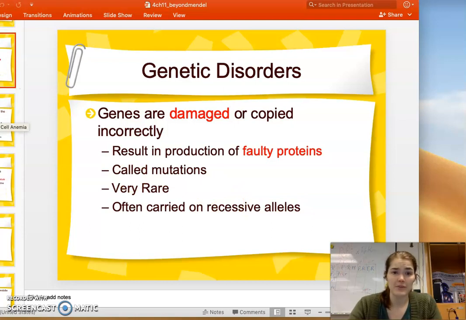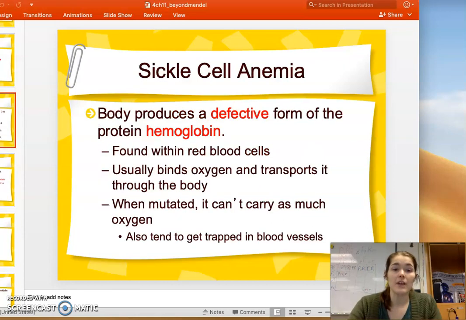So some examples of these. We have sickle cell anemia. Sickle cell anemia is where the body produces a defective form of the protein called hemoglobin, which, I don't know about you, but that's one of my favorite words. Hemoglobin is such a fun word. I don't know why, but it is. So is cattywampus. Hemoglobin is found within red blood cells.